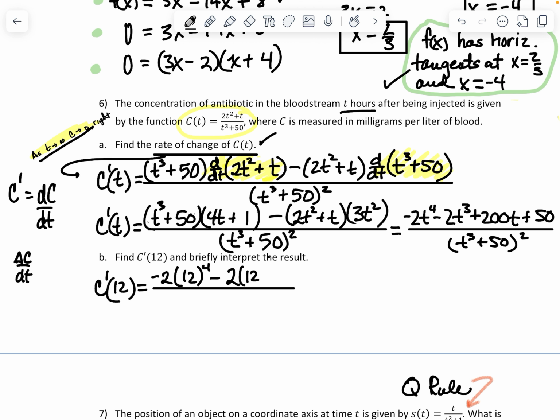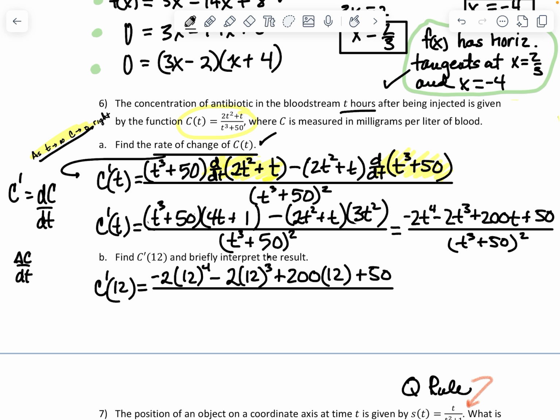What do we have here? Negative 2 times 12 to the 4th minus 2 times 12 cubed plus 200 times 12 plus 50.